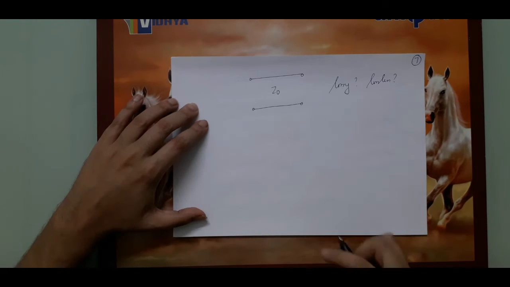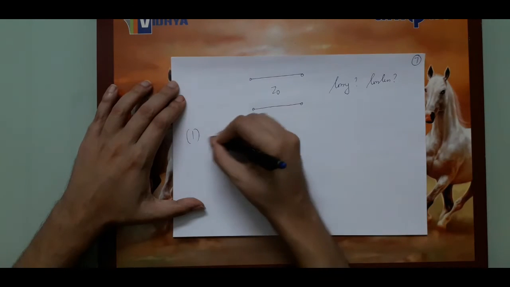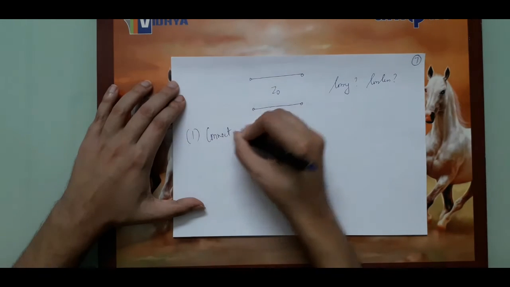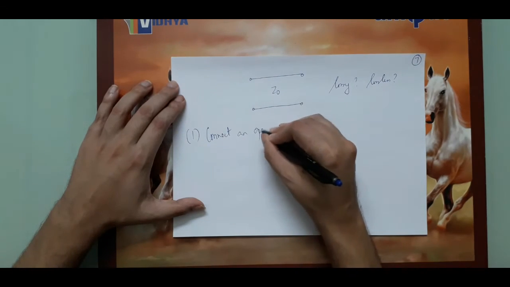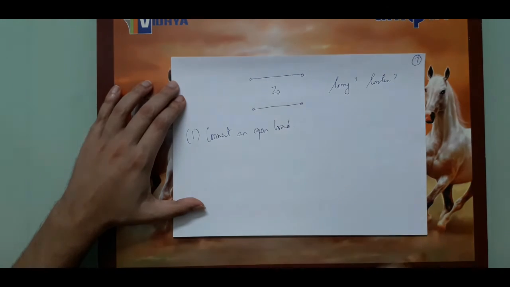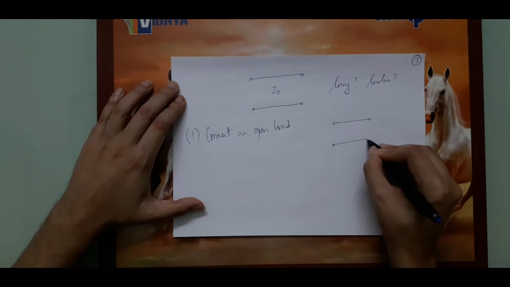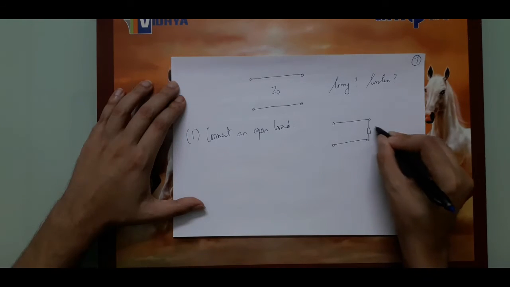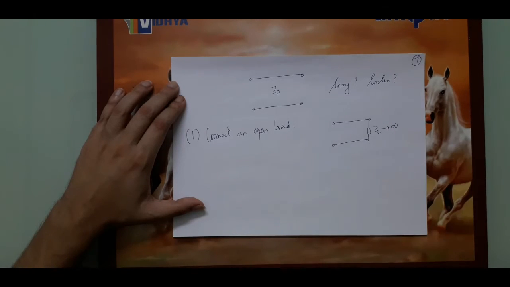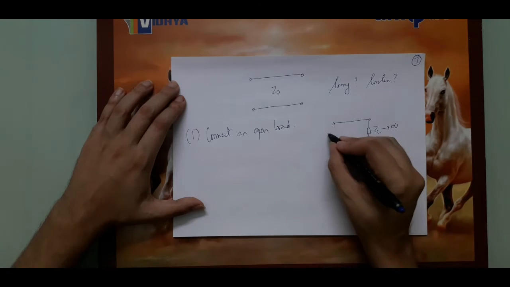Now, to do this, step 1, connect an open load. So what do I do? I take this line and I connect a ZL which tends to infinity, and I measure this impedance over here. Let me call it Z1.